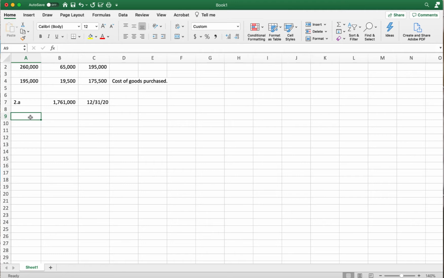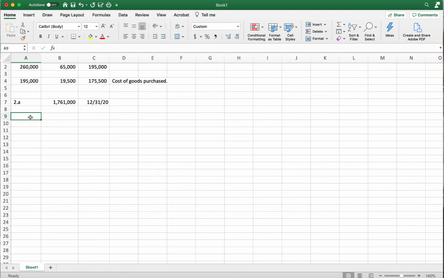The shipping company picked up these goods on December 28th, and they delivered them to us on January 2nd. Because it's FOB shipping point, we take ownership as soon as the carrier accepts those goods.